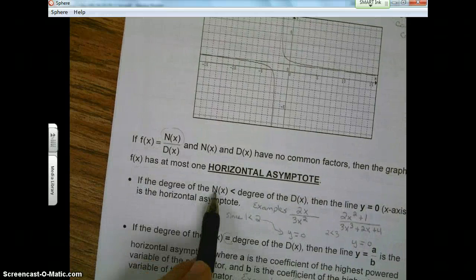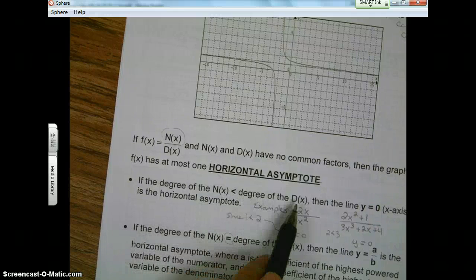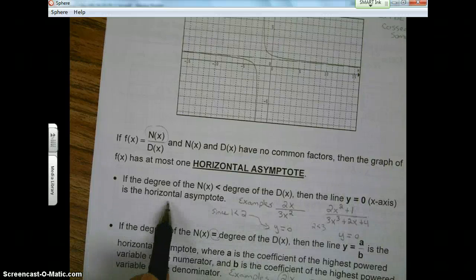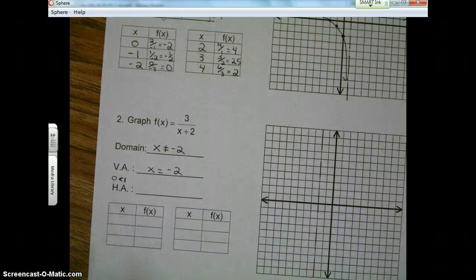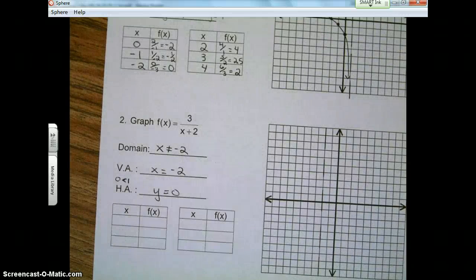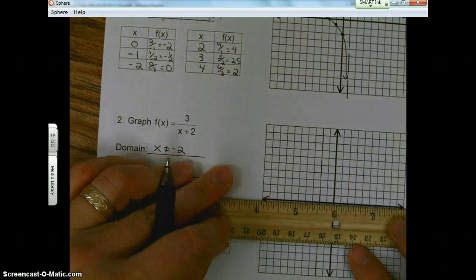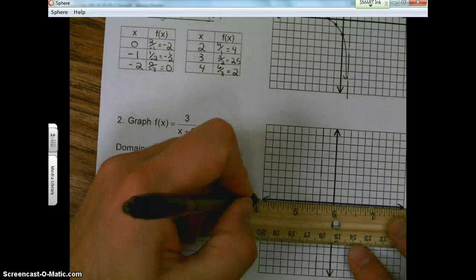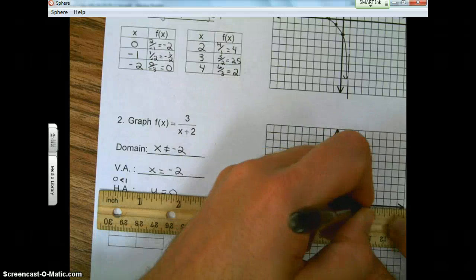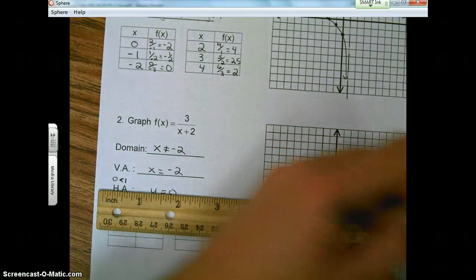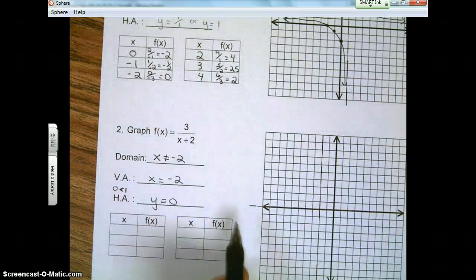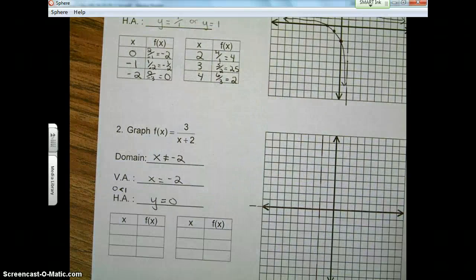If the degree of the numerator is less than the degree of the denominator, then the line y equals 0 is the horizontal asymptote. Let's go ahead and put that in. Since it's right on the x-axis, I'm going to extend it out past so I can see that that's where the horizontal asymptote is.